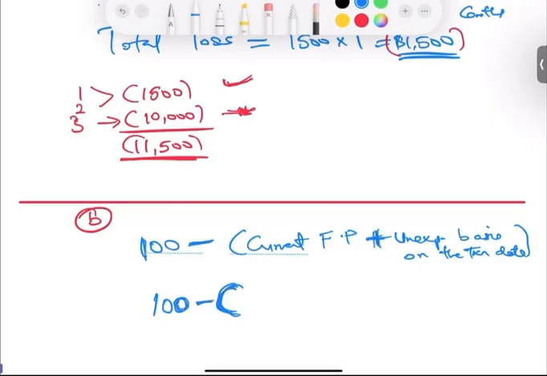So you have 100 minus the current future price. The current future price is 95.48, but remember, I'm not going to use 95.4 because I already brought 100 out for all of them. So 95.48 is what rate?